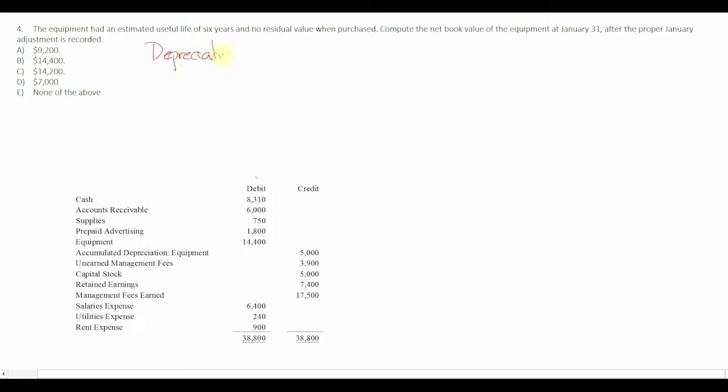That's the adjustment that we do every period end when it relates to long-term assets. The way we calculate depreciation, so far in the course you've only learned one way, which is called the straight line method, and the formula is as follows: cost less salvage over useful life.